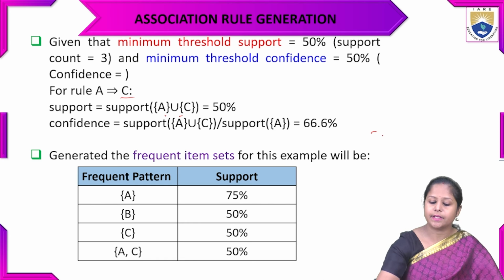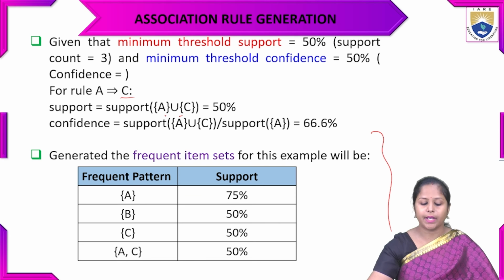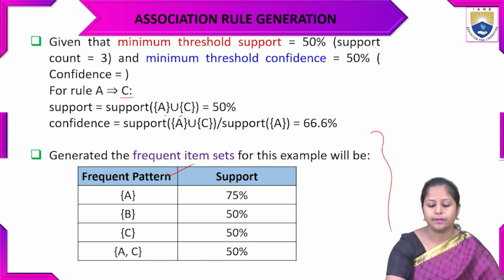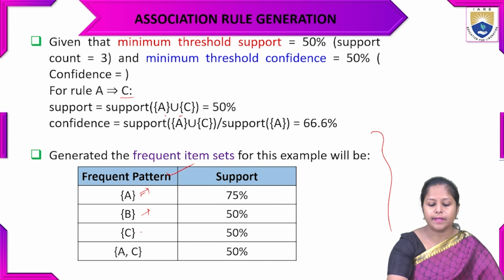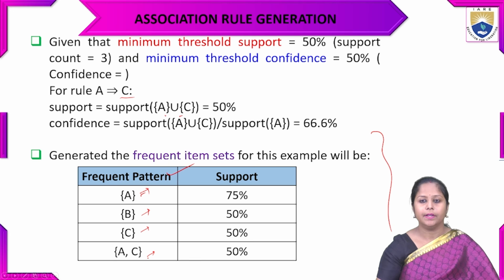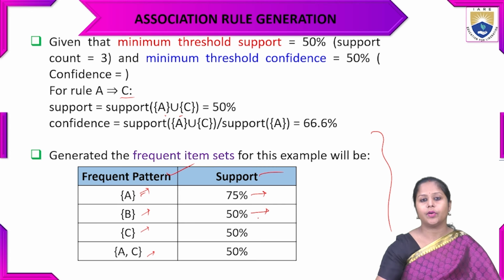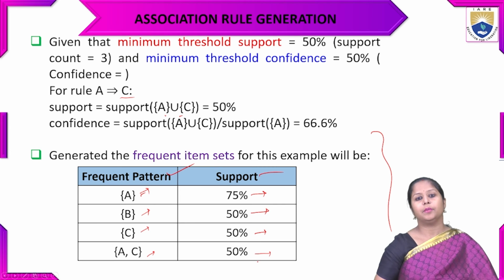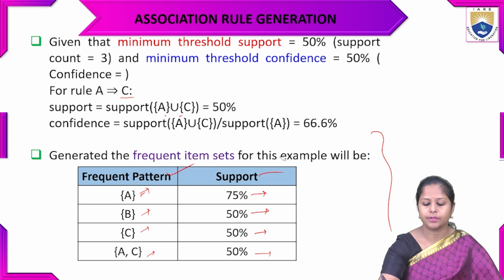So we generate the frequent item sets for this example. First we get A, which is frequently purchased alone, then B, C and the combination of A and C. The support we have calculated for A is 70%, for B 50%, for C 50%, and AC together is bought with 50% support.